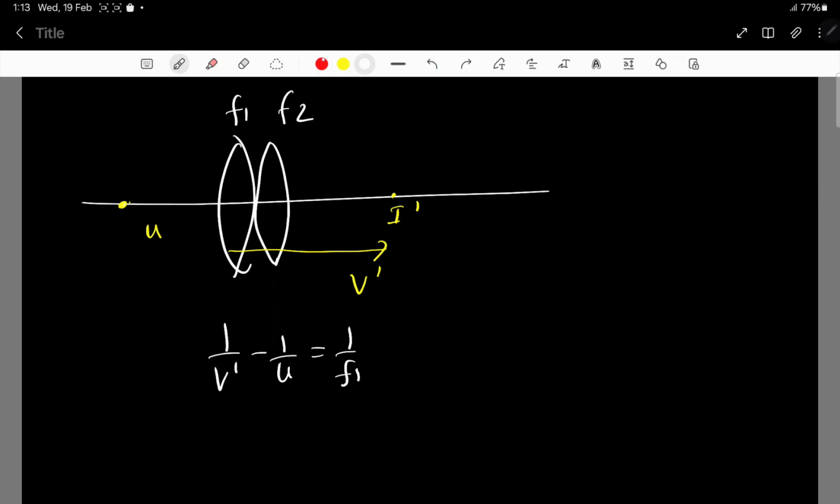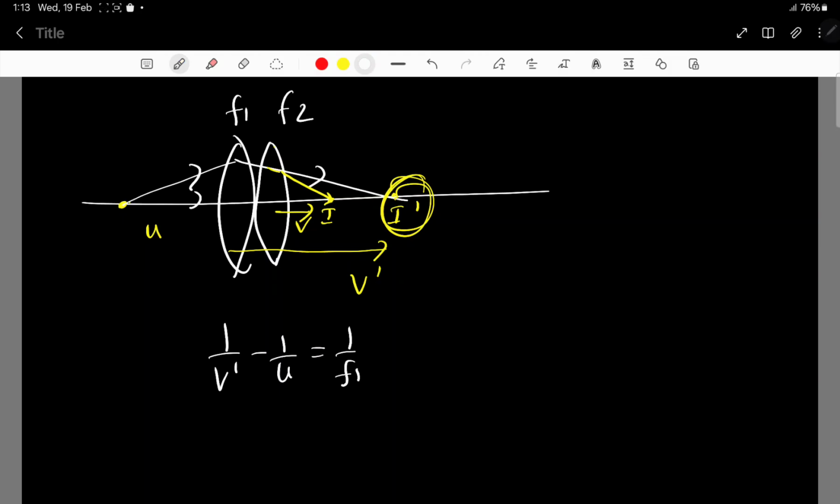So for the second lens, the v dash is the object, and that is where the final image is going to be formed. So the final image distance is called v, and the object distance is v dash.